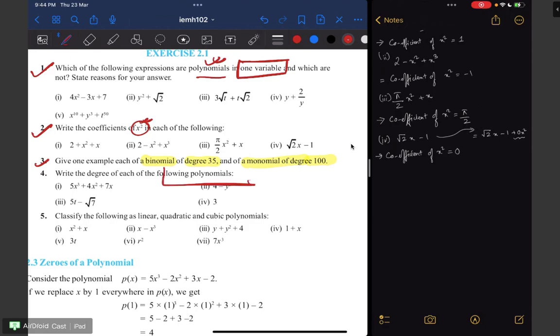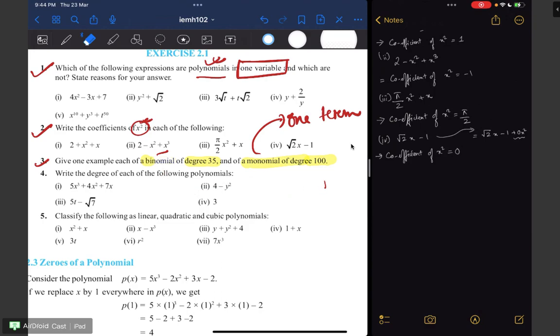If an expression consists of two terms, then it is known as a binomial, and if the expression consists of only a single term, then it is known as a monomial. Now what is the degree? Degree is the highest power of a particular variable in a given expression. So whatever binomial we write, the highest power should be 35. Whatever monomial we write, the power should be 100.